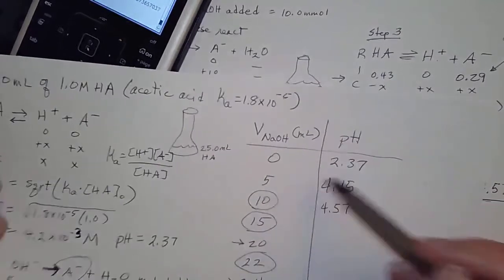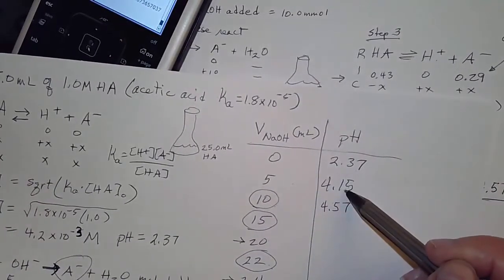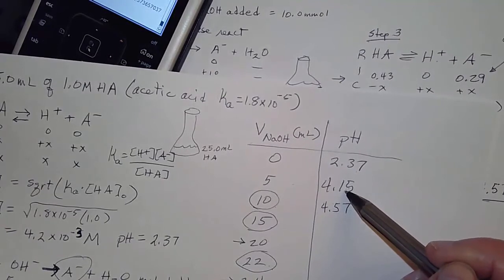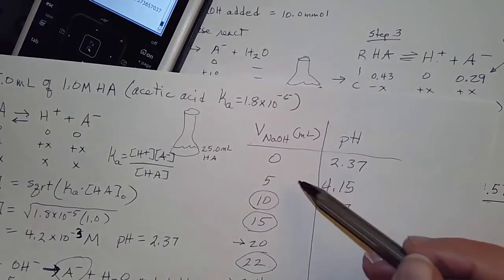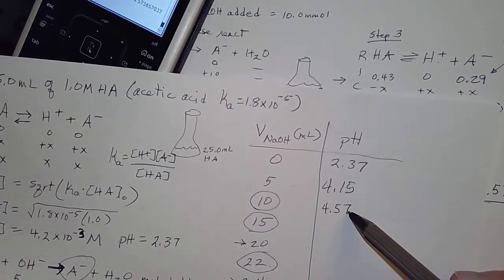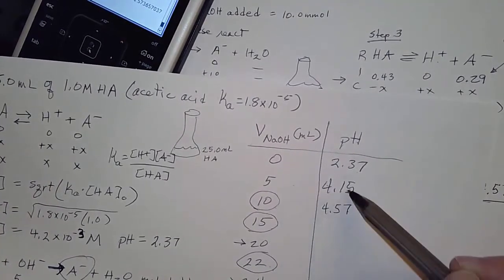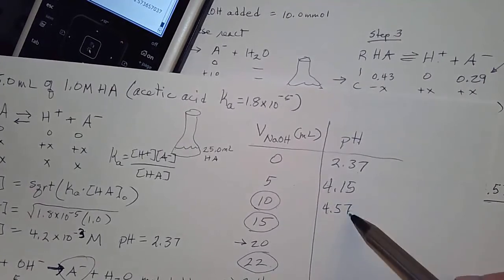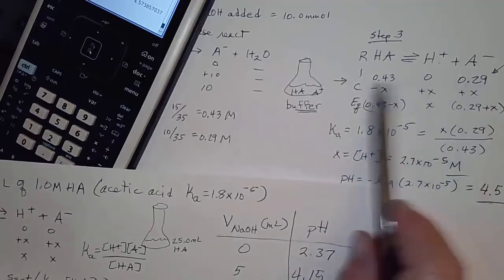I added 5 mils and it went up almost 2 pH units, from 2 to 4. Now I added 5 and it didn't even go up a pH unit. This is showing you it is resisting changes in pH, because you've set up this common ion buffer situation.